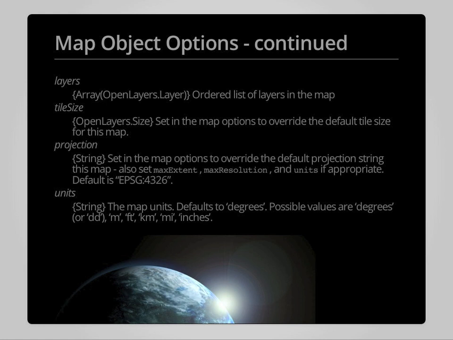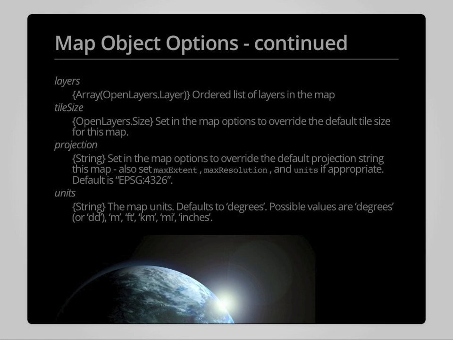You can modify the default size of the map tiles that are used. You can define the projection of the entire map, keeping in mind that the default value, if you do not specify a projection, is EPSG:4326, the common WGS84 coordinate reference system that we have been using for many of our online mapping applications.